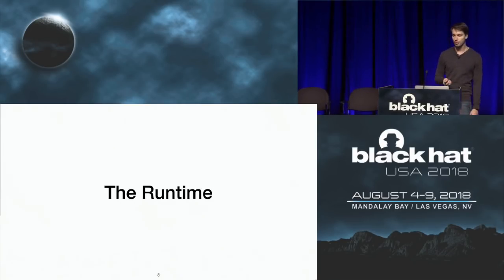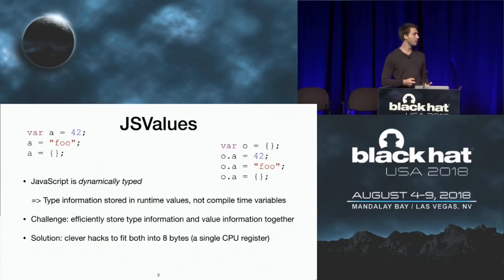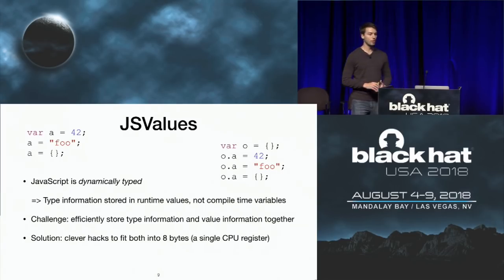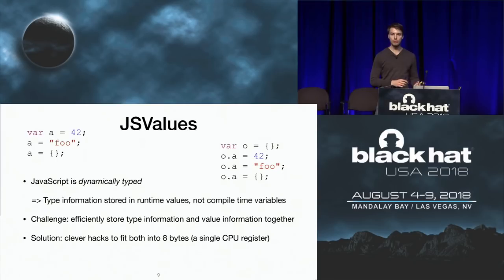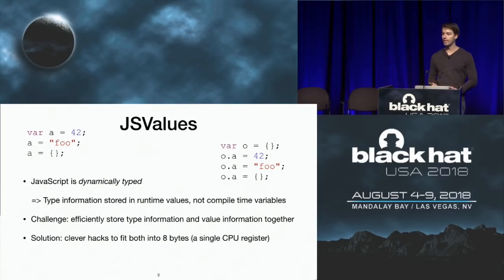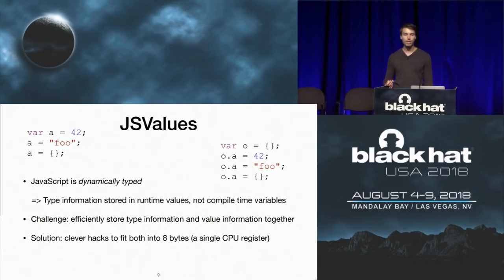All right, let's start with the runtime, and actually with JavaScript values. JavaScript is what is called a dynamically typed language. That means that, for example, variables or properties can essentially change type. If you look at these code snippets here, you see this variable A: it's first a number, then a string, then an object.